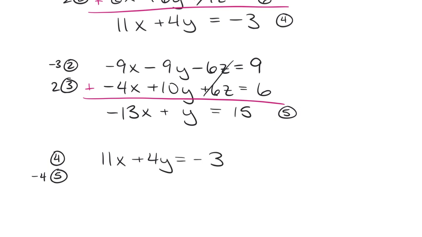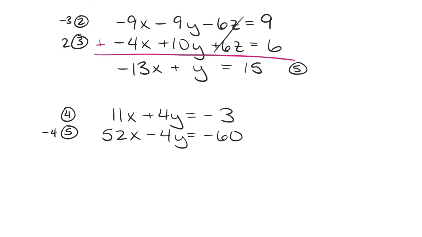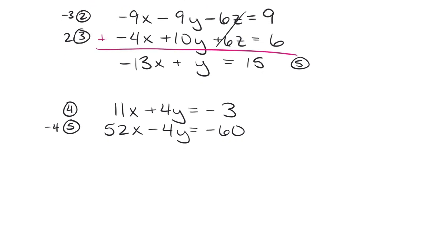And then negative 13 times negative 4 is positive 52x minus 4y equal to negative 60. We continue to solve just like we did last class, where when we add these equations together this time, the y's will cancel out and we're left with 63x equal to negative 63.